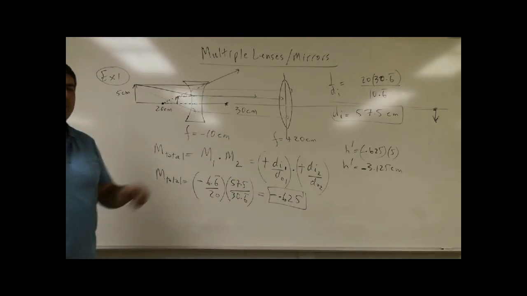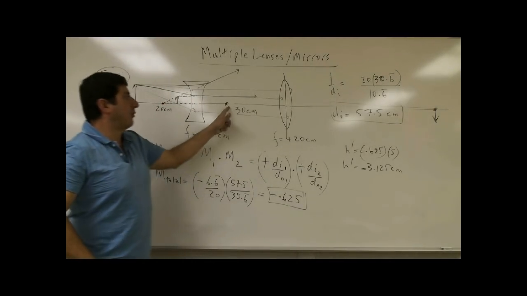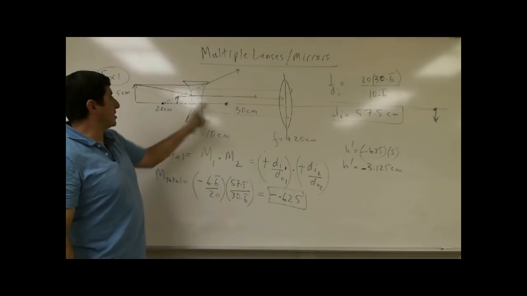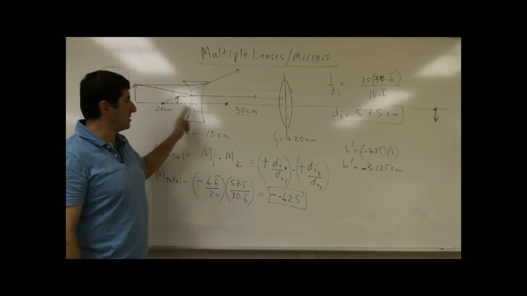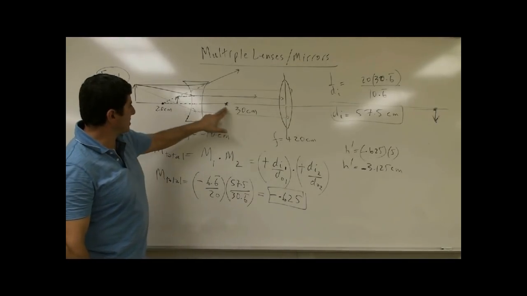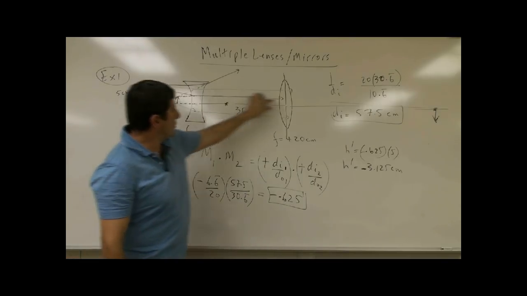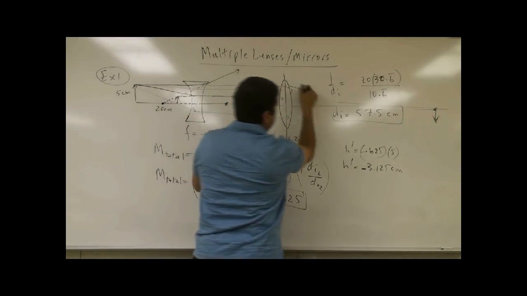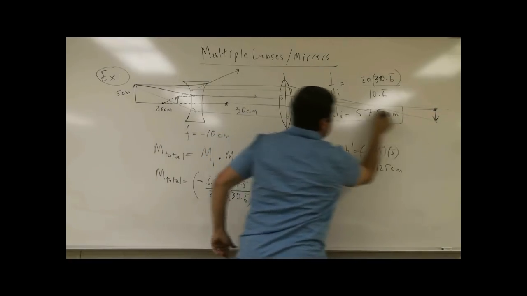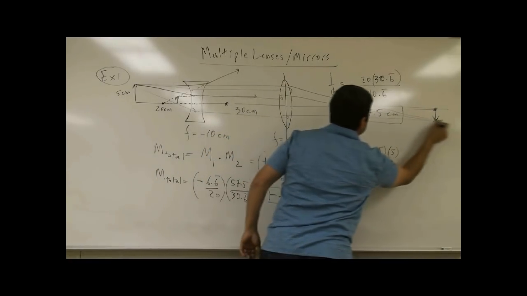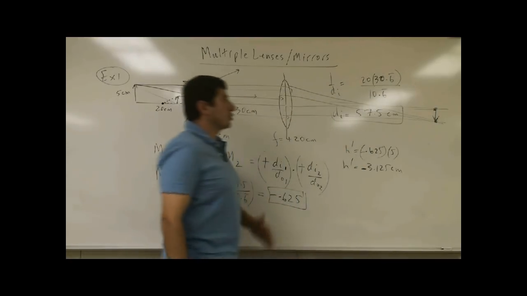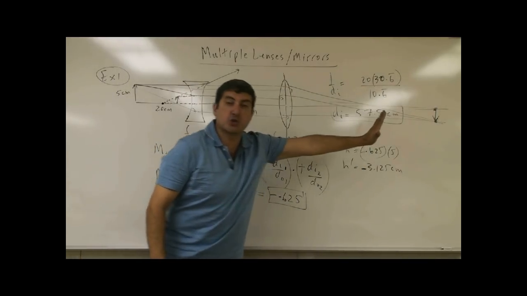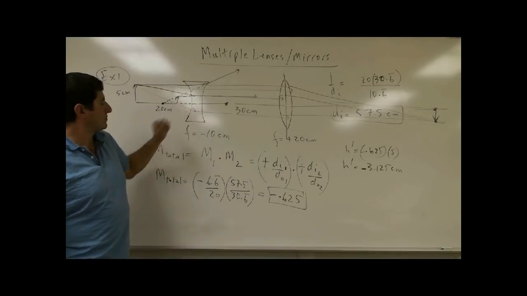We learn that converging lenses form real images when an object is outside of its focal length. So since this object is outside of that focal length, the rays will come from here and they will converge onto that point right here. Okay? So you will actually be able to put a screen there and form an image.